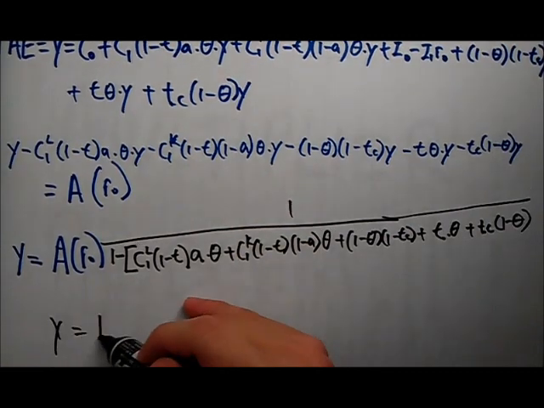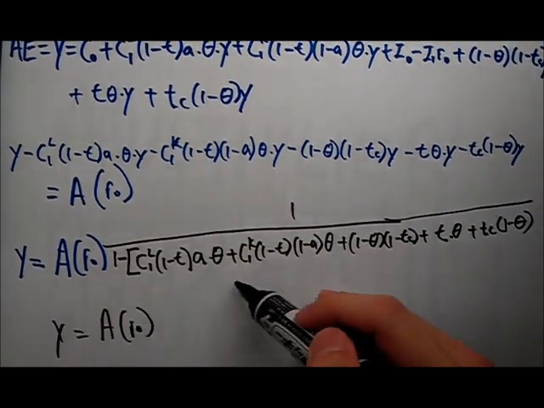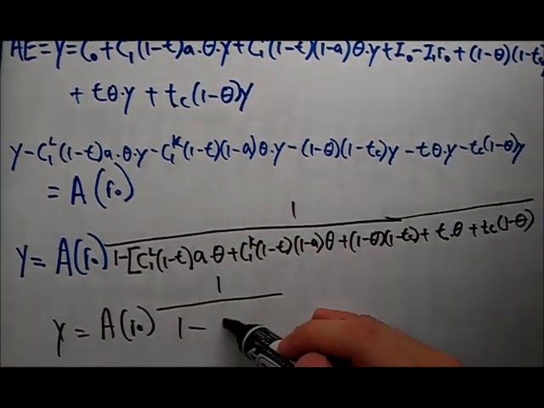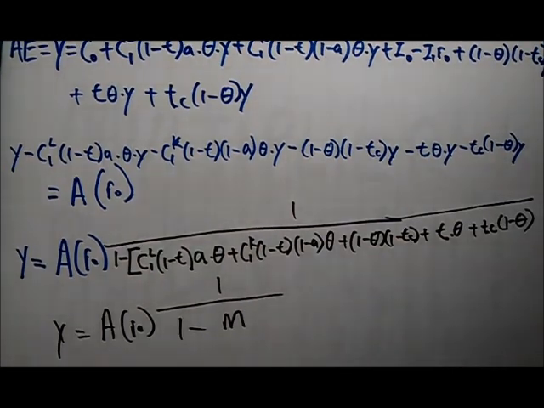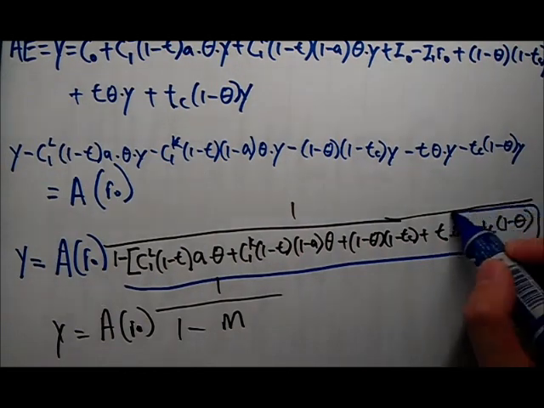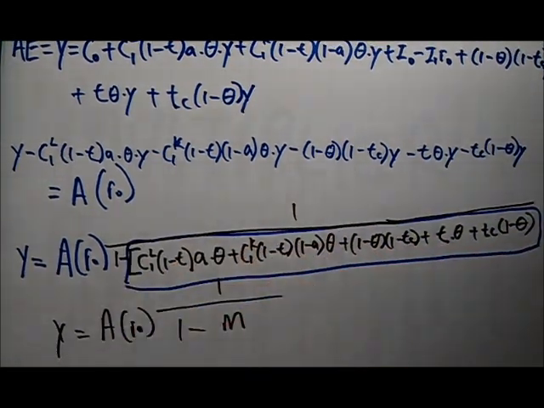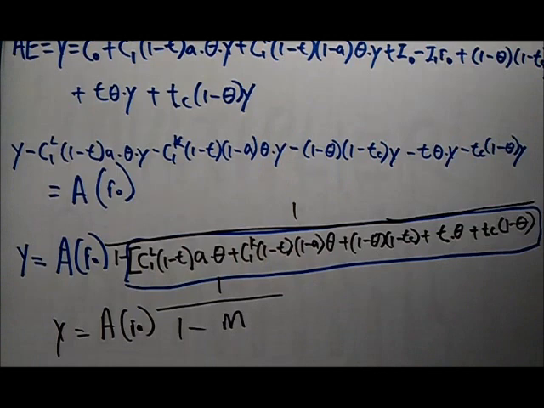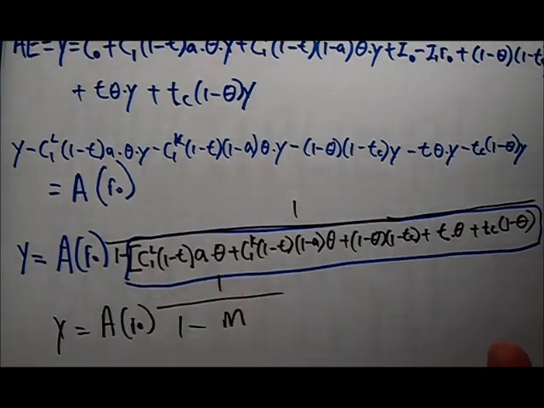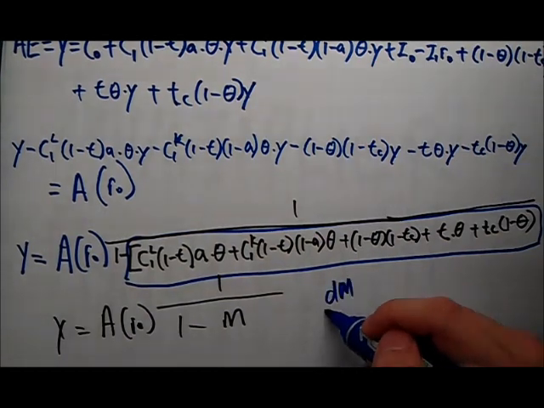So basically, this portion over here is going to be the multiplier. Similar to how we will analyze the rest of the questions, if there's a change in any of the components right here, all you have to do is differentiate the multiplier with respect to whatever component has changed.